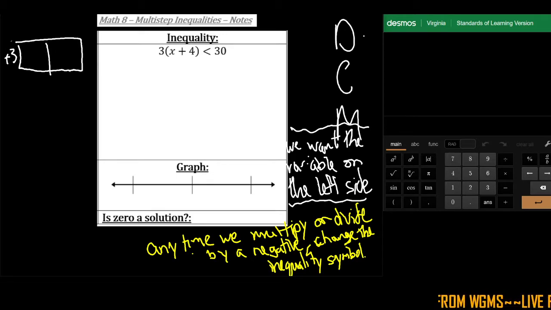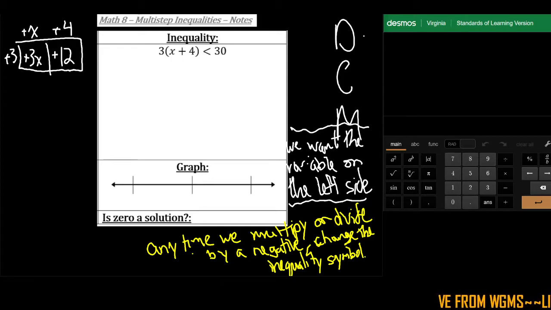So I have positive 3 times a positive 1x and a positive 4. Now 3 times 1x is going to be positive 3x, and 3 times a positive 4 is going to be a positive 12.